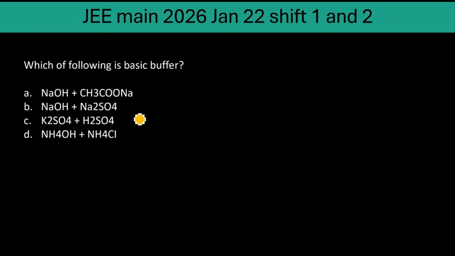Which of the following is a basic buffer? The options: NaOH with sodium acetate, NaOH with sodium sulfate, potassium sulfate with sulfuric acid, ammonium hydroxide with ammonium chloride. Basic buffer means what? Weak base plus its salt. Correct?